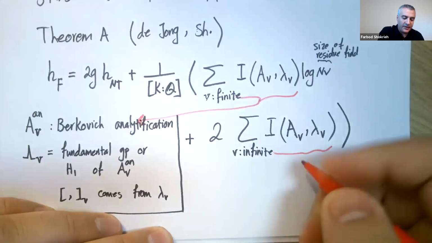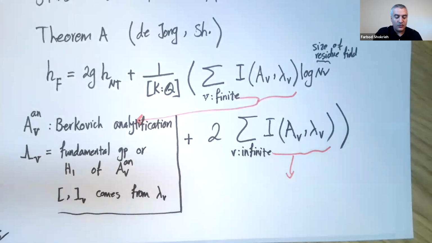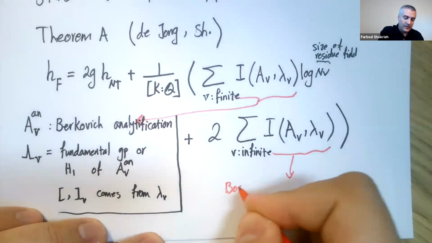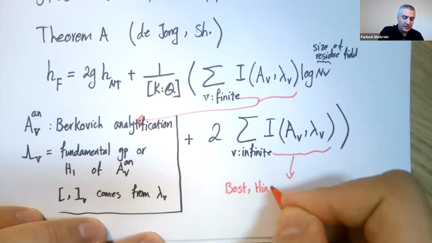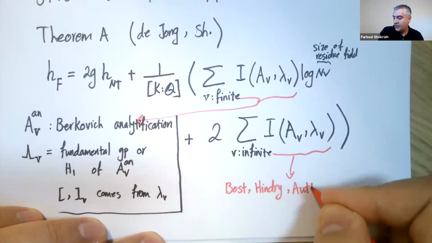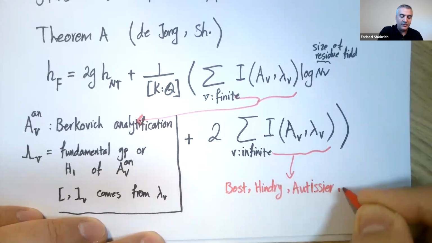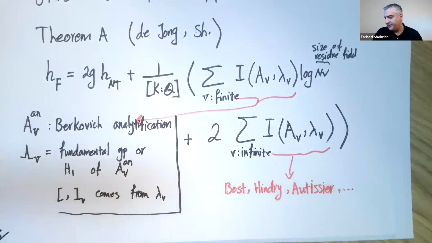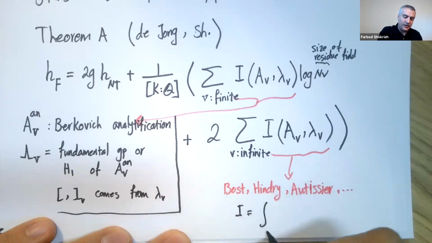But if you're a number theorist, this quantity had appeared before our work, in separate works, some of them unpublished, among other people. I don't know exactly the history, but you can trace it back. And this is also an integral. So this is an integral over the complex torus.